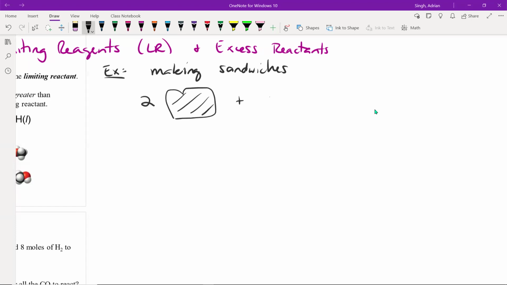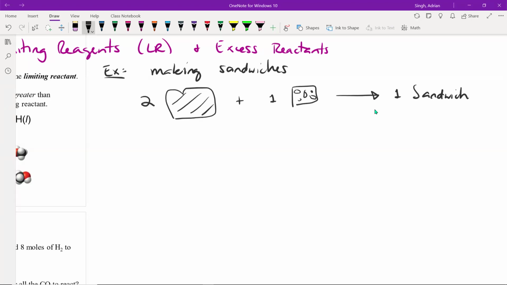And I need 1 slice of cheese. Okay, so this is my cheese. It's Swiss cheese, there's some holes in it. In order to make 1 sandwich. We'll just write the word sandwich here. Okay, that is our recipe.